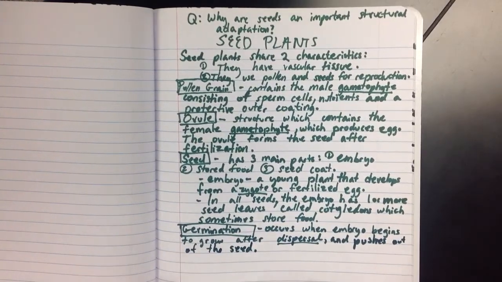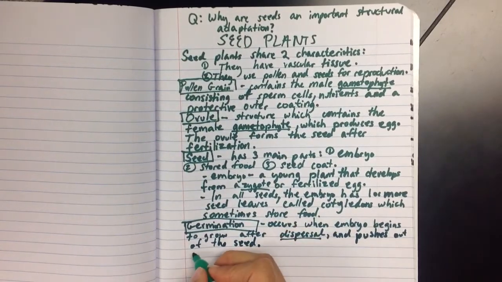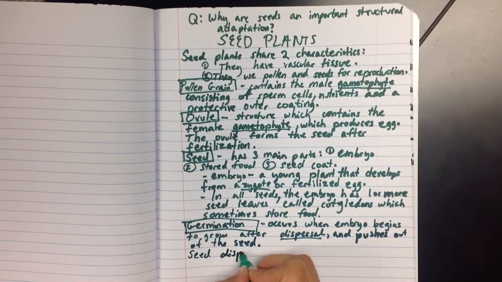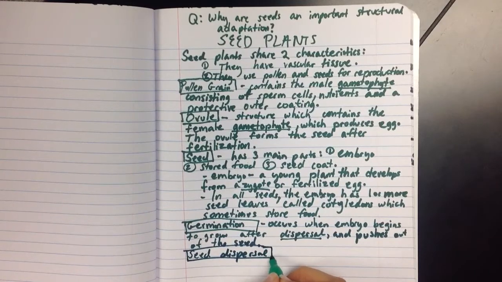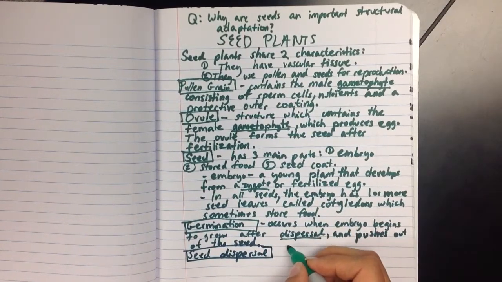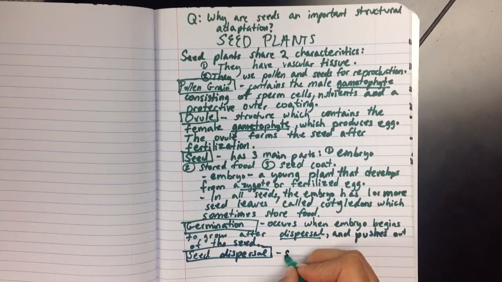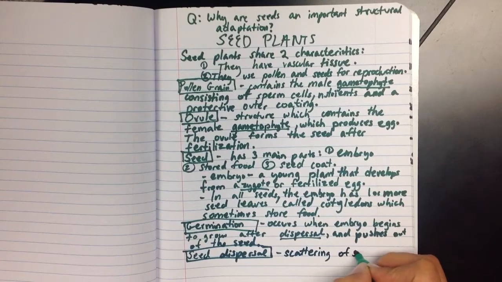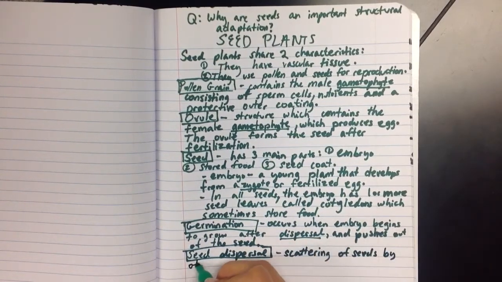Now, we know that we can plant seeds, and that's how we can disperse them, but some seed dispersal in nature happens differently. Dispersal is the scattering of seeds by other organisms.